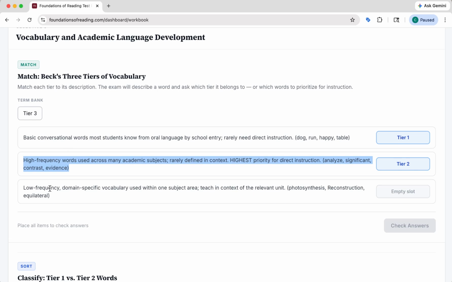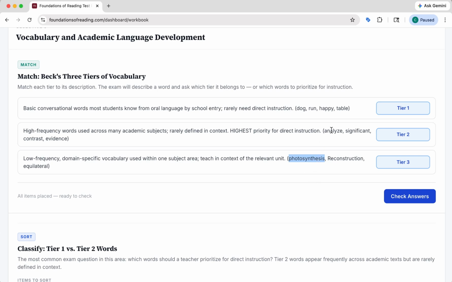Whereas tier 3 words, these are low frequency domain specific vocabulary. So it's really only used in one area. You can think, for example, photosynthesis. So although this is also not taught really informally from peer to peer, we still need to directly and explicitly also teach tier 3, just like we do with tier 2.